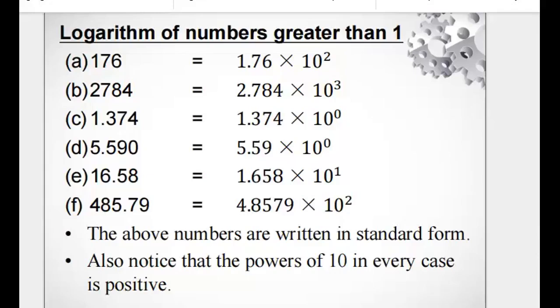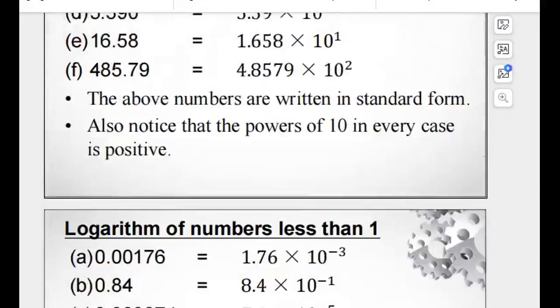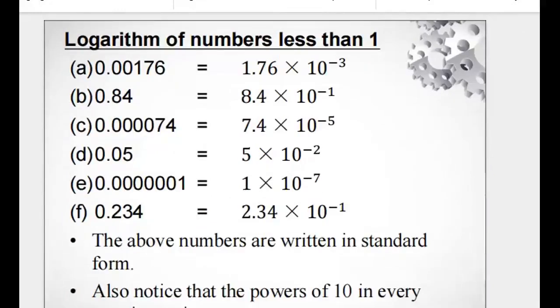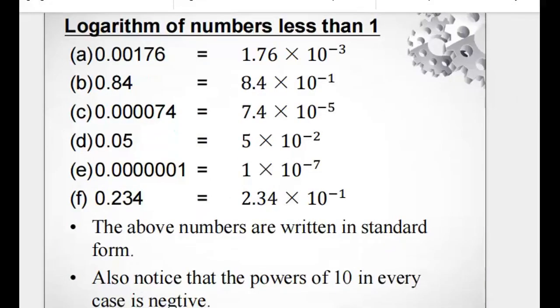Okay, so let's look at the next slide. Logarithm of numbers less than 1. Now this is very obvious, and you can differentiate it from the first we just had. So the log of numbers less than 1.